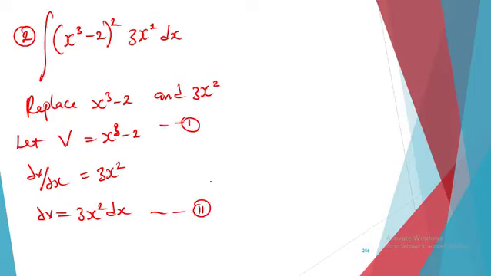So we now substitute equation 1 and equation 2 in this question, and then we'll have the integral of, this is our v, remember, v raised to power 2, that is v squared. Then this is given to be dv. Look at it here.